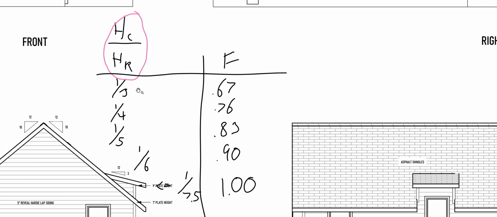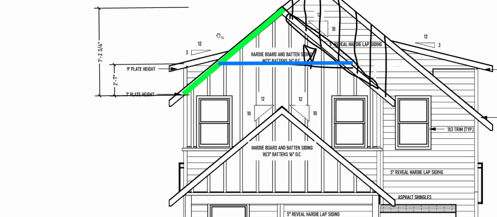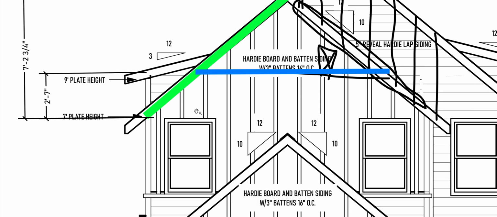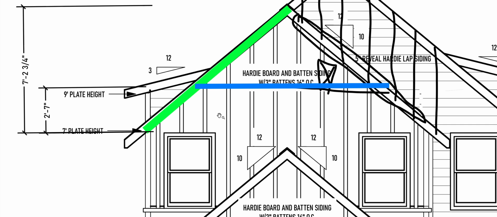When this is 1/3, what that's saying is the ceiling joist is exactly 1/3 the distance from the top of the wall to the peak, because if HC divided by HR gives me a 1:3 ratio, I know this is 1/3 of this number. That's the worst case scenario, and we're not allowed to use this trick above this situation without additional bracing or things like that.